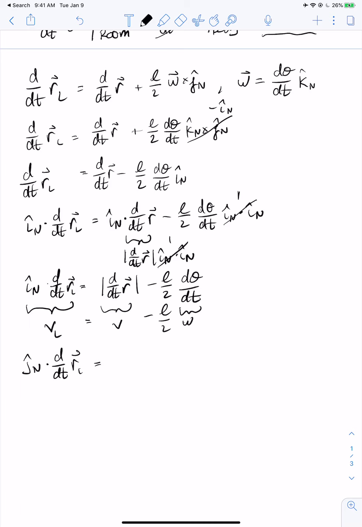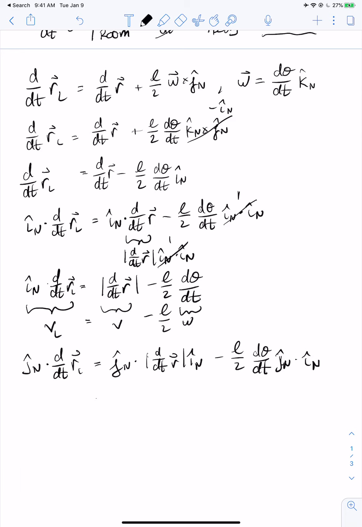So going back to our previous equation, j hat n dot the magnitude of d by dt of R i hat Neato minus L over 2 d theta dt j hat Neato dot i hat Neato.